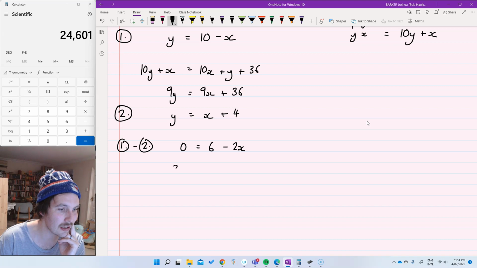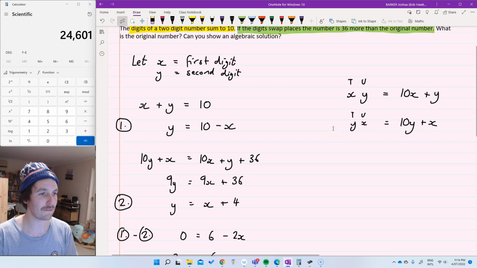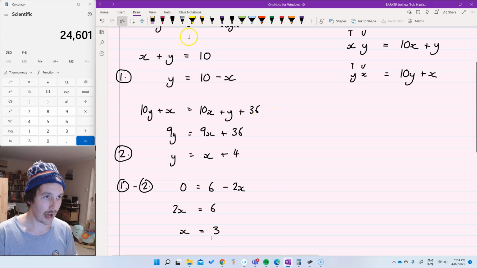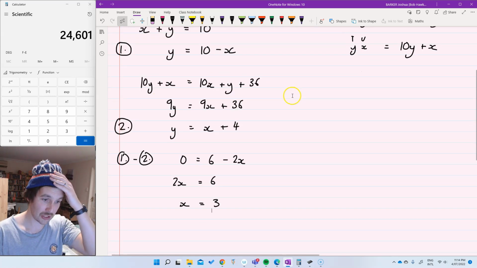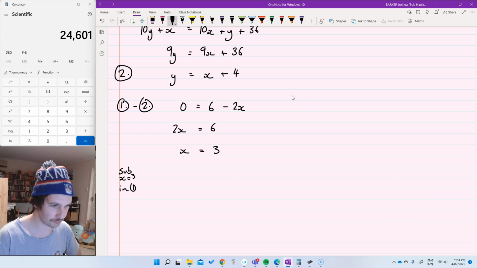Bring that over to the right hand side, 2x equals 6, which leaves me with x equals 3. So if I think back to what I defined my variables as, x was going to give me the first digit, so now I've just got to solve for y. I'm going to remember that y is equal to 10 take away x. Do a little label to say what I'm doing. I'm going to sub x equals 3 into equation 1. So that's going to give me y is equal to 10 take away 3, which of course is 7.